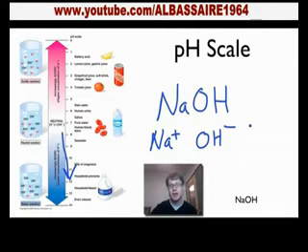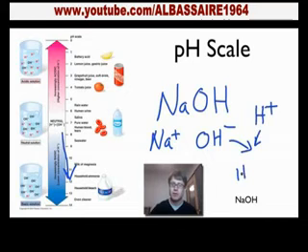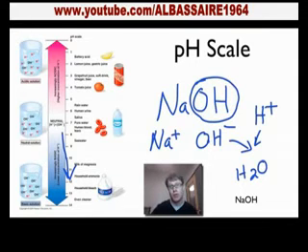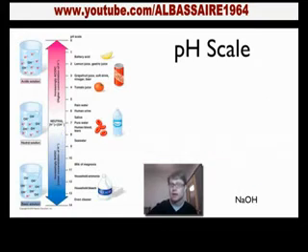The reason why is that every time you have a hydroxide, it's going to combine with a hydrogen ion, and it's going to form something called water. And so bases, or anything that has hydroxides in it, are actually going to lower the concentration of hydrogen ions or hydronium ions.